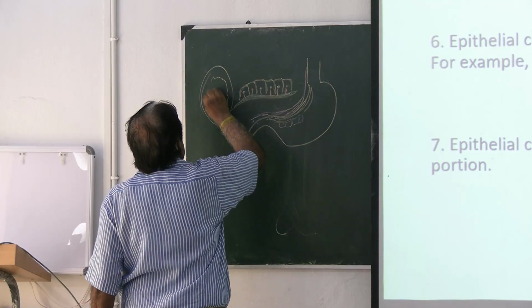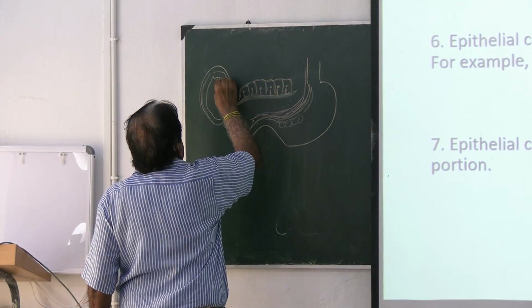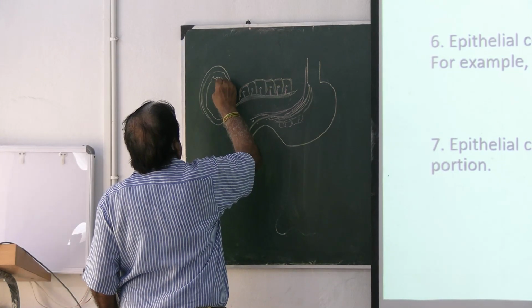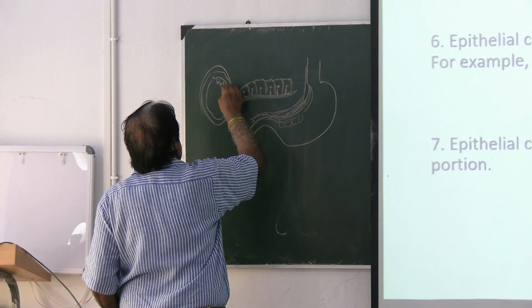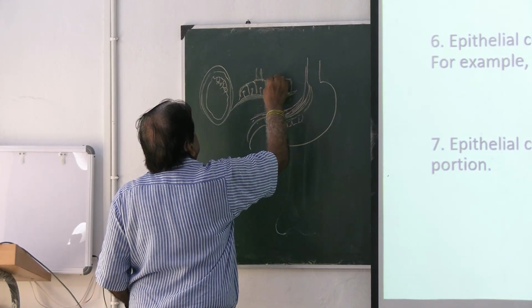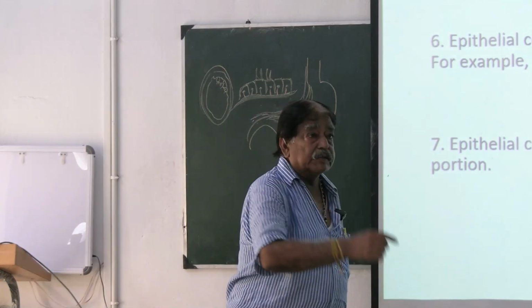This is the epithelium, this is the muscular layer. This epithelium is like this. Now, microvilli are like this.